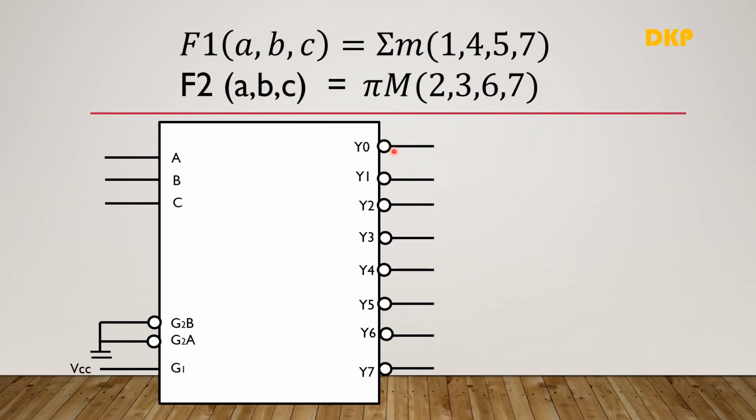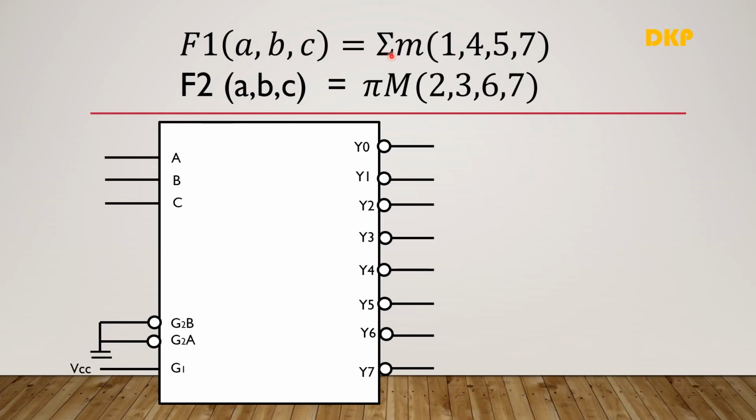After that, the outputs 1457 from the 74138 should be connected to a NAND gate because here we are using summation M. Summation denotes SOP, sum of products, and pi denotes POS, product of sums.